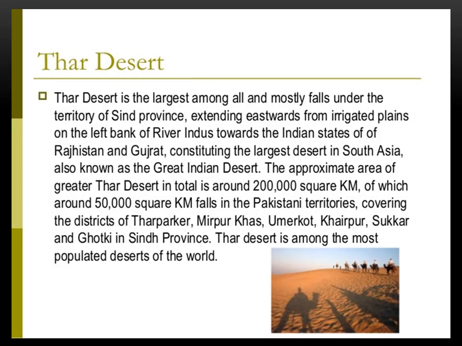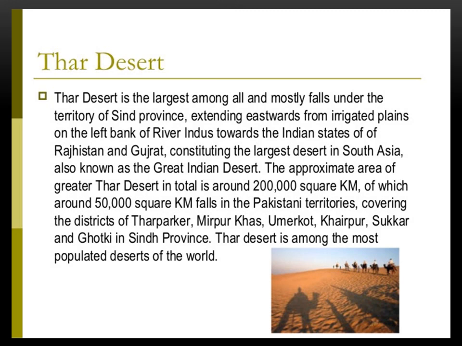Thar Desert, which is also called Tharparkar. Thar Desert is the largest among all and mostly falls under the territory of Sindh province, extending eastwards from irrigated plains on the left bank of River Indus towards the Indian states of Rajasthan and Gujarat, constituting the largest desert in South Asia, also known as the Great Indian Desert.